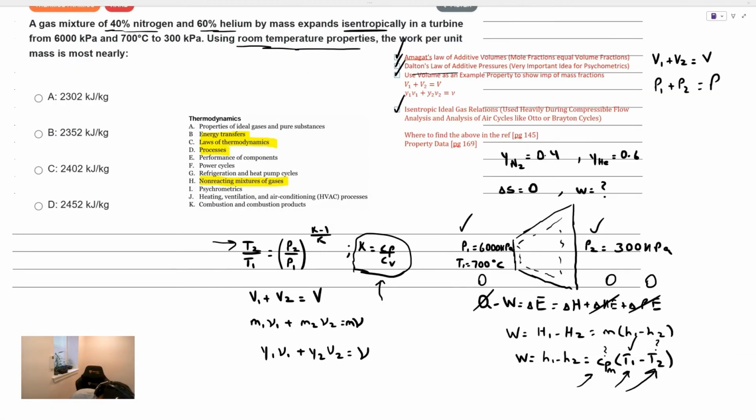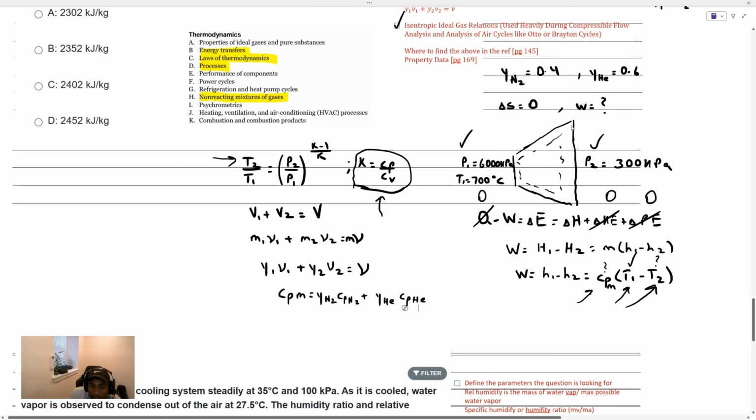Okay, so Cp for the mixture is equal to the mass fraction of nitrogen multiplied by the Cp of the nitrogen plus the mass fraction of the helium multiplied by Cp of the helium. I go ahead and plug into the equation right here.